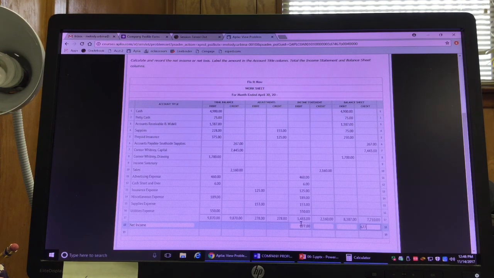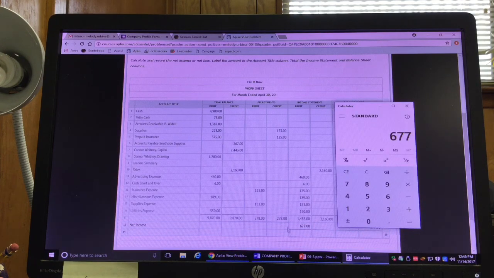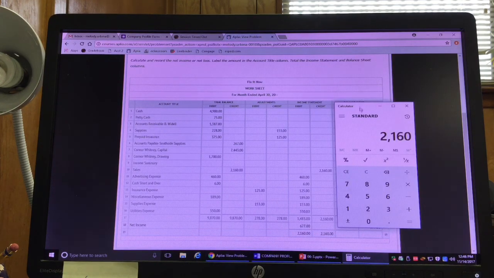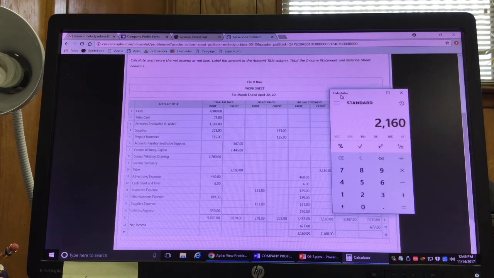Now I'm going to total these two to get my final. I know that $1,483 and $677 is going to give me $2,160, but just to double check, $1,483, $2,160. So $2,160 on the debit and $2,160 on the credit. Now I'm going to go over to the balance sheet. On the balance sheet, these two should add up.